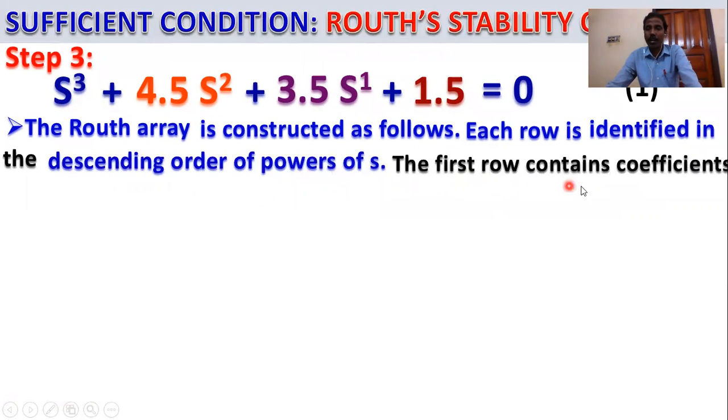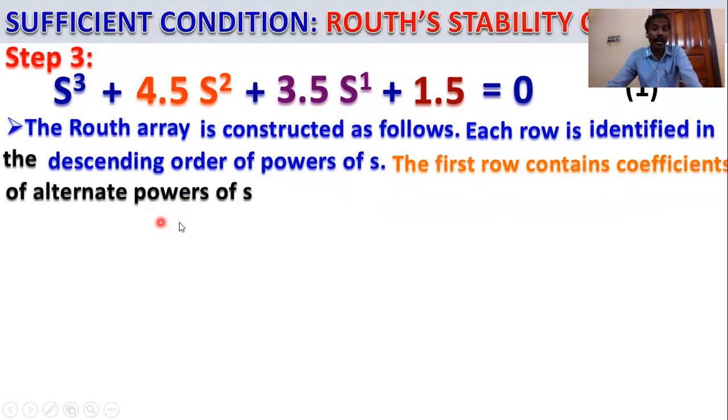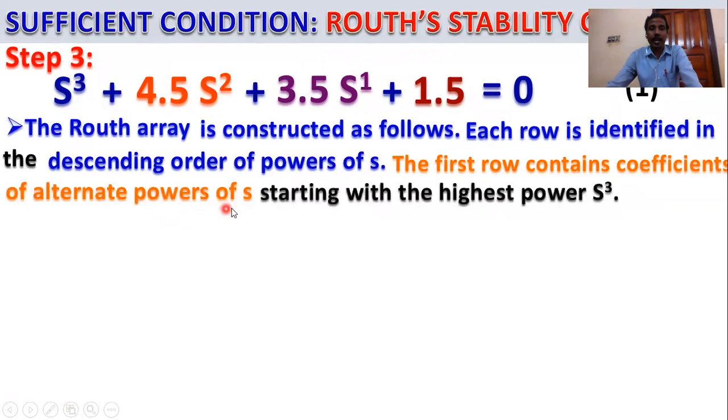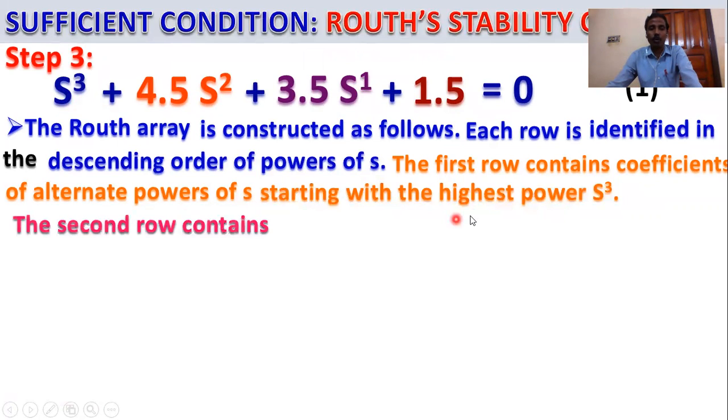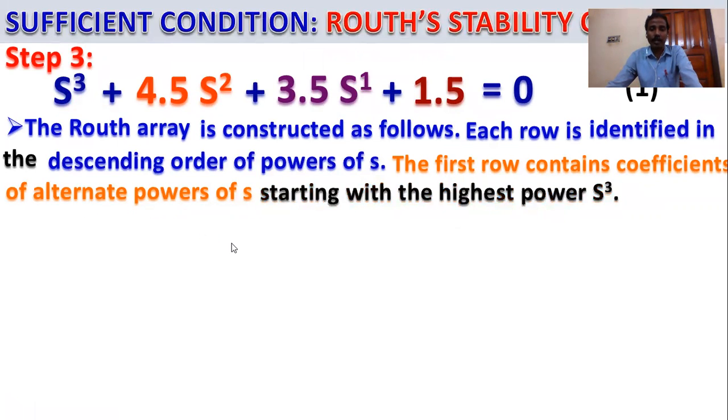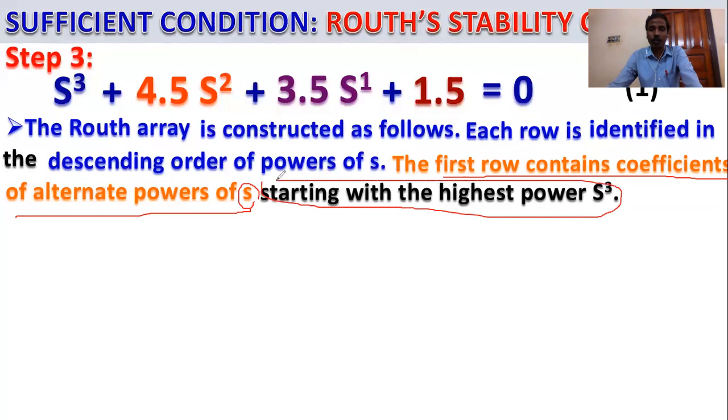The first row contains coefficients of alternate powers of s, starting with the highest power s cube. This is a very important sentence.